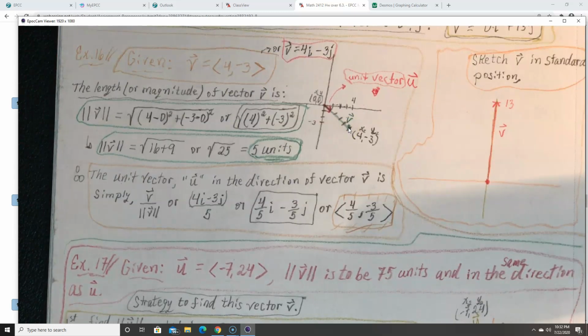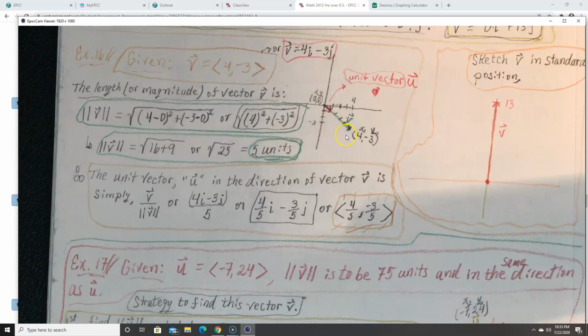Well, what do they want? They want a vector that's the same direction as vector v, but it's only 1 unit long. So what we can do then is borrow vector v, because vector u is going to be, we're being told, the same direction. Vector u here has to be the same direction as vector v.